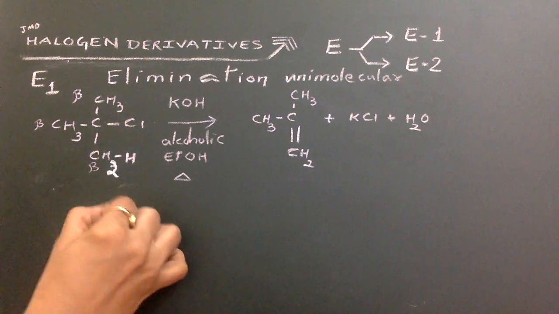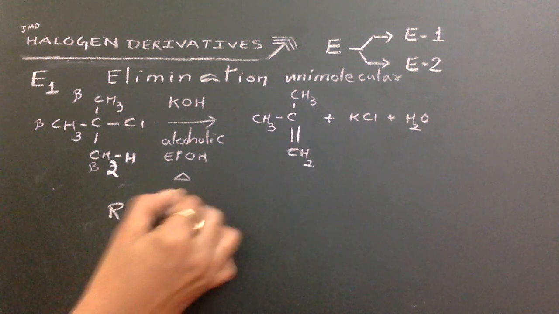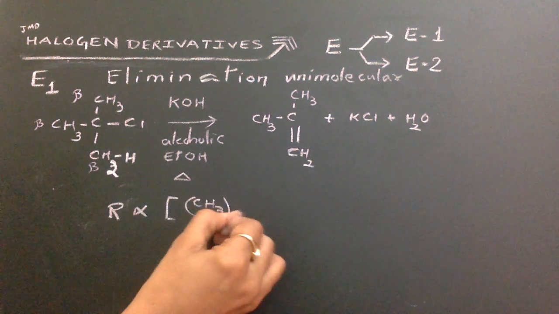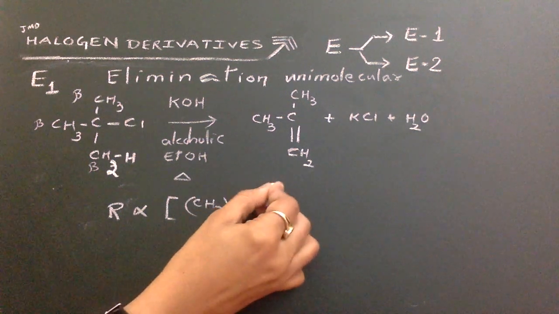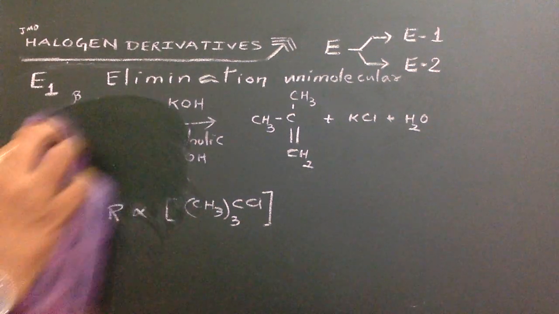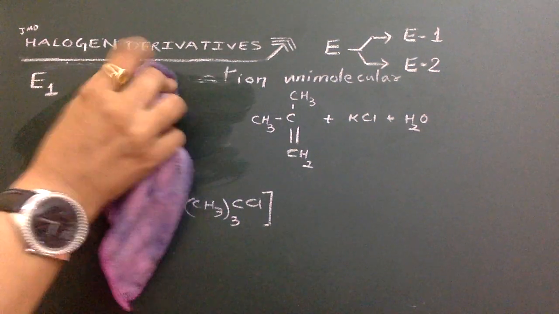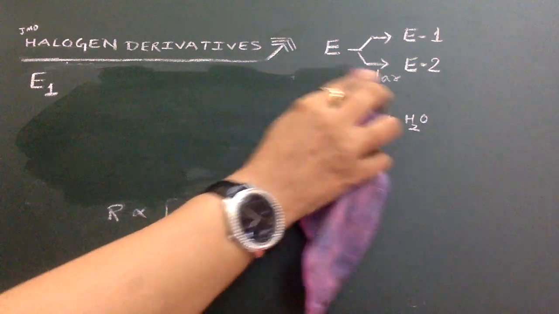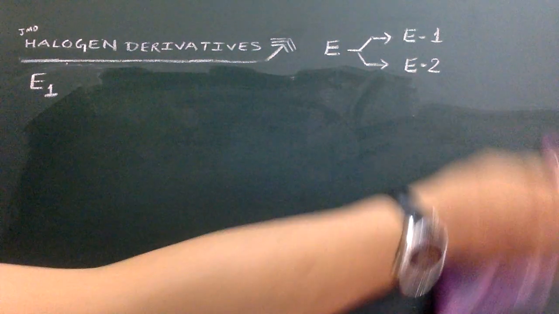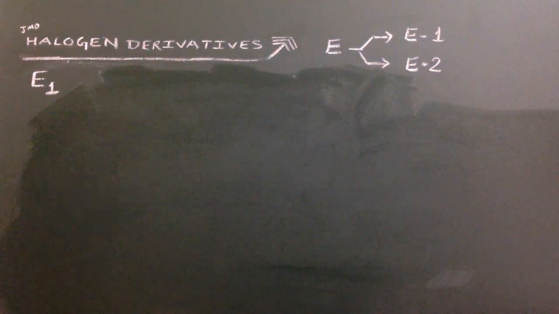Now children, the rate of this reaction is directly proportional to only the molar concentration of the substrate, and hence it is E1. The E1 reaction, that is elimination of the one type, takes place in 2 steps.